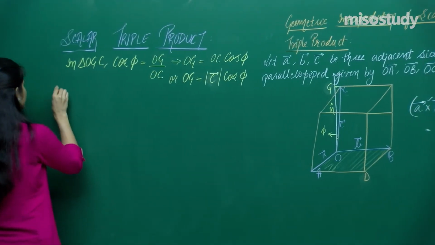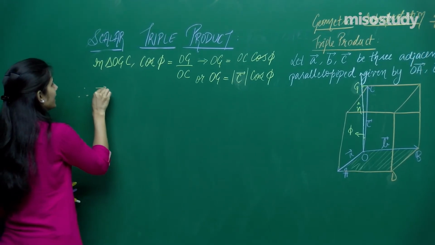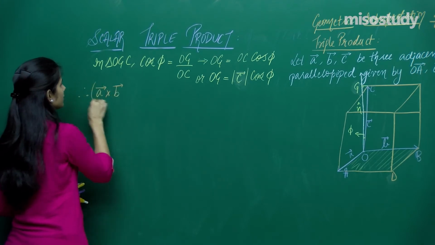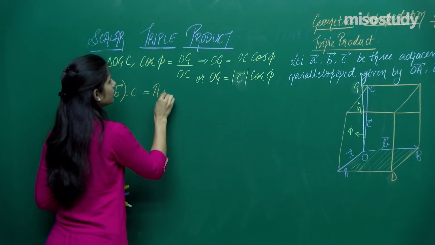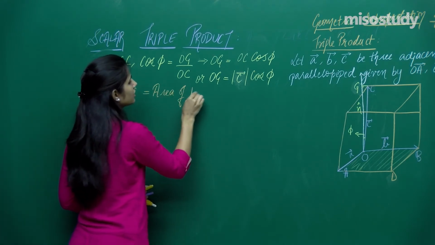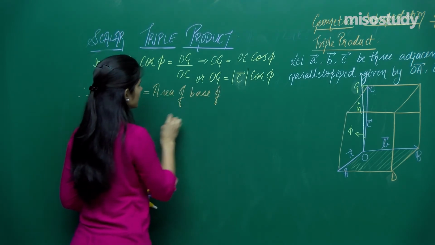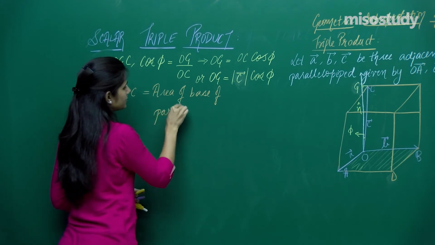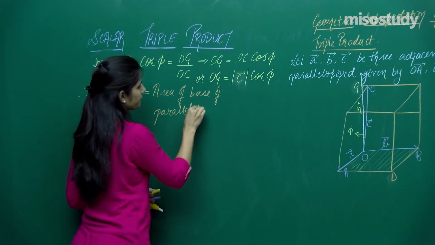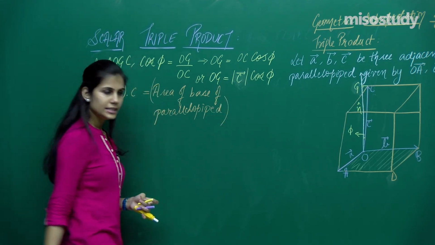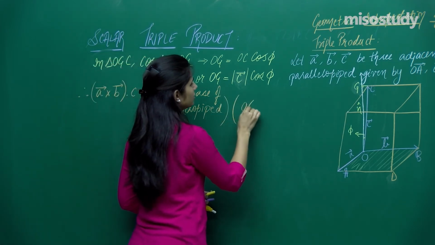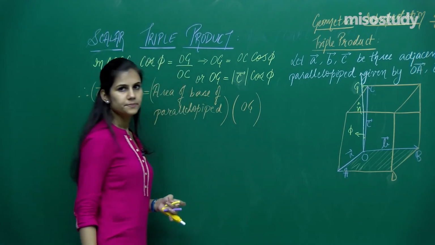Therefore A cross B dot C is equal to the area of the base of the parallelopiped times OG.